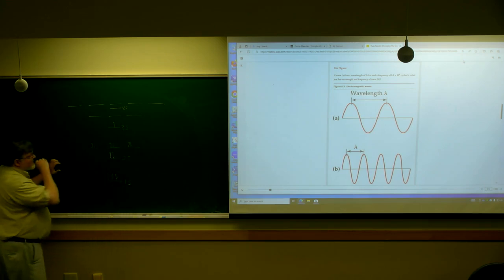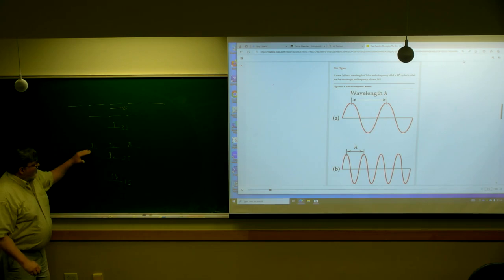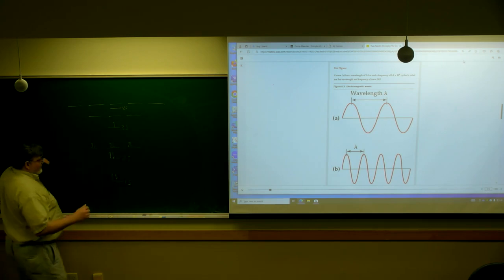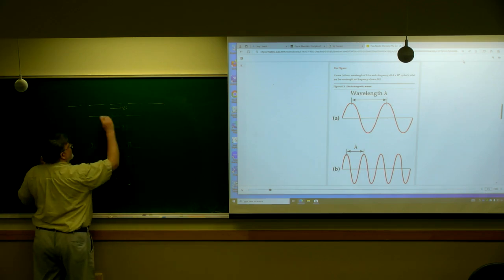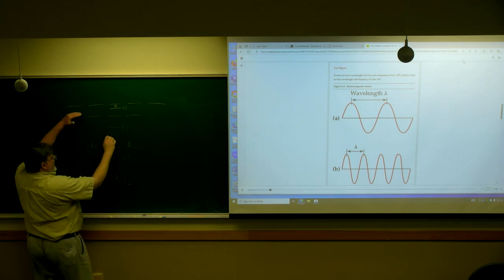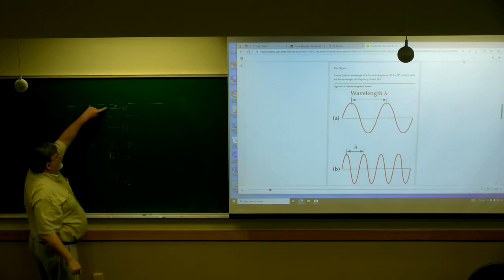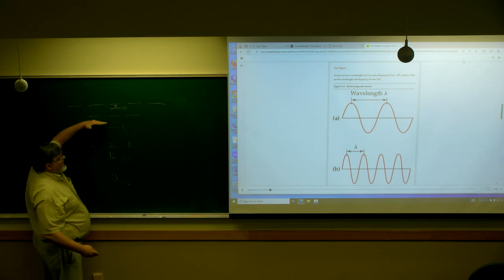So an excited state would be, here's the ground state. There's a certain amount of energy in each one of these electrons. An excited state would be, this electron would pop up here. Let me do it all the way up here. So now there's this sort of gap between all these electrons and this one. That's an excited state. So in the ground state, they're all stacked on top of each other.